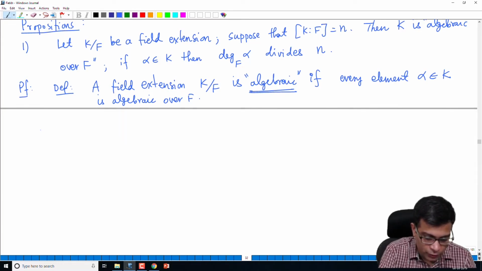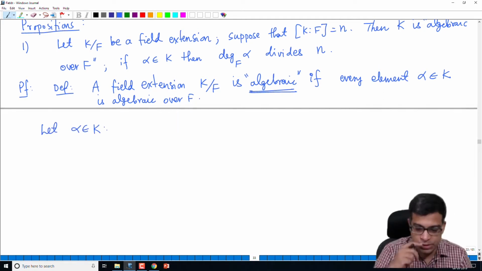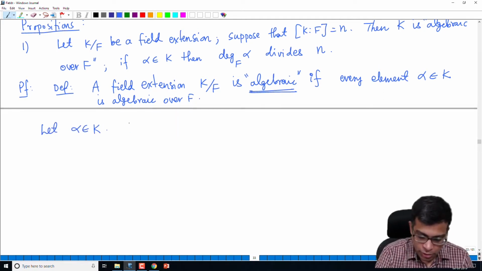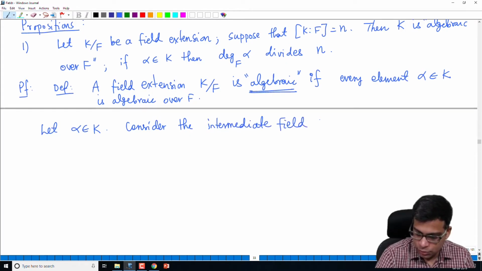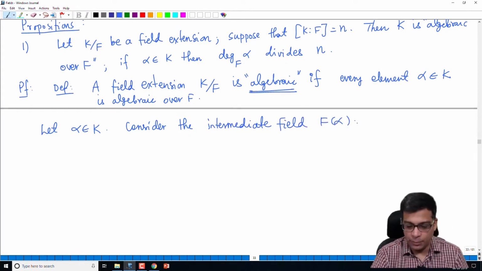So what we have is an arbitrary element alpha in K. We are going to prove both statements of the proposition in one shot. Consider the intermediate field F(alpha).